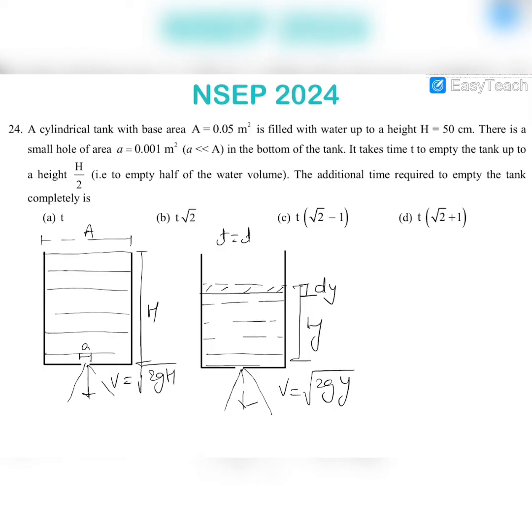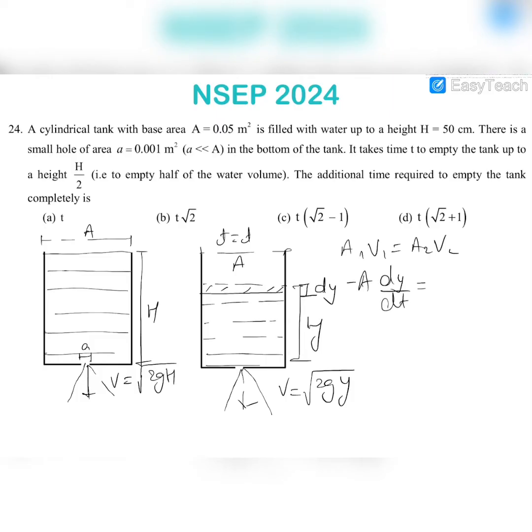So we can say that by using the equation of continuity, a1 v1 will be equal to a2 v2. Now you can see that A is this area, and v is the velocity with which this level of water is going down. So it is dy by dt with a negative sign.